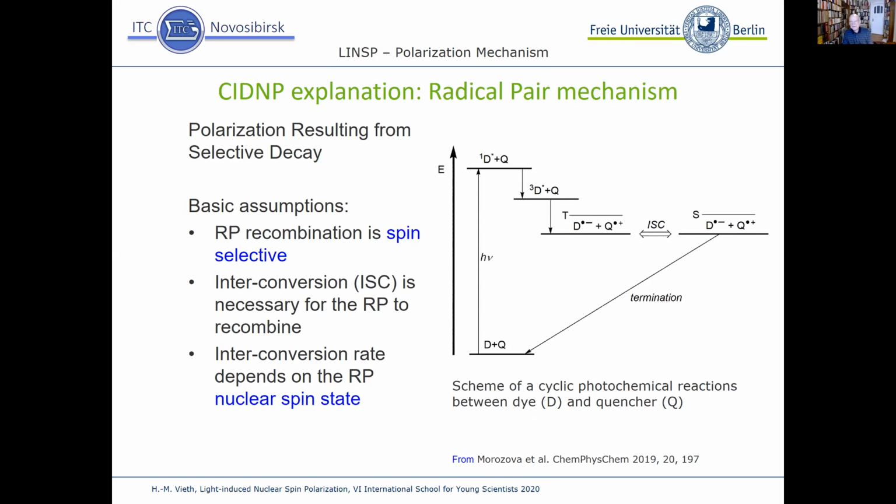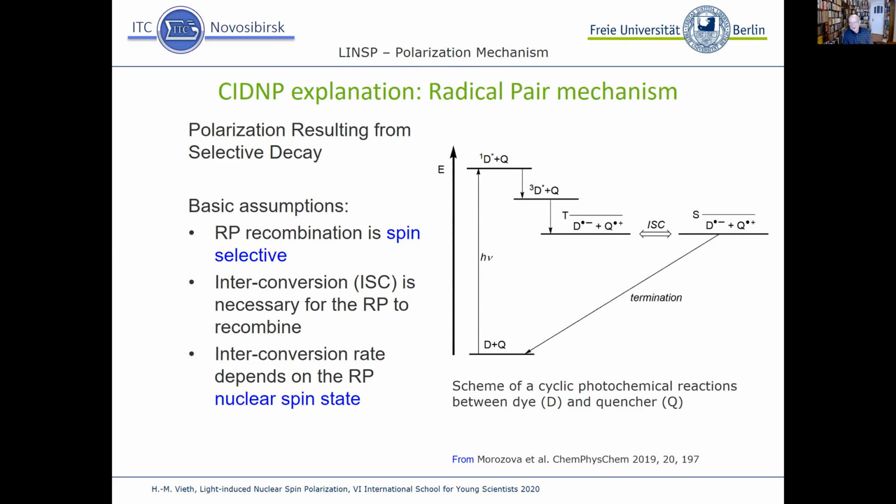So what we see, here's another alternative description of this case. For example, we start with a dye molecule and a quencher molecule. We excite the dye molecule to its excited singlet state. The excited singlet state decays to an excited triplet state.